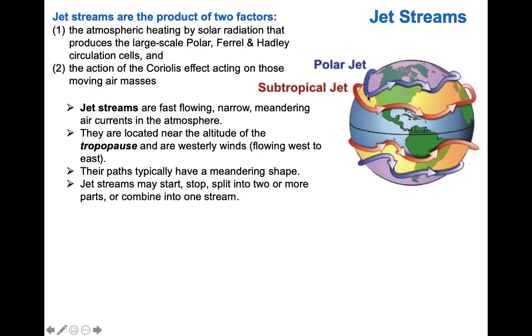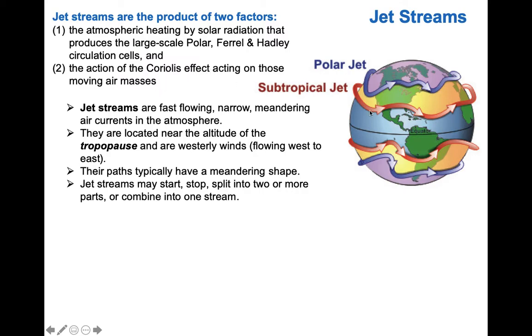These jet streams are the products of two factors. One is the solar radiation that we talked about, and this solar radiation generates those cells operating in the atmosphere, circulation cells. There are three of them: polar, Ferrel, and Hadley circulation cells. And the second one is the Coriolis effect.